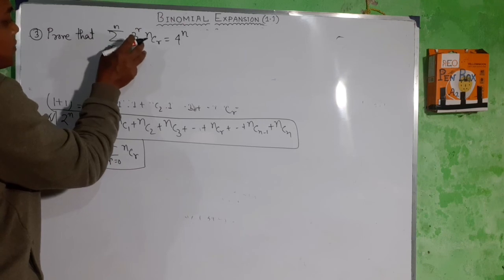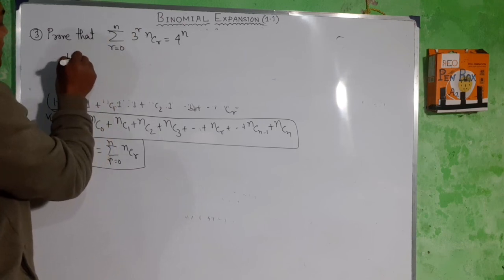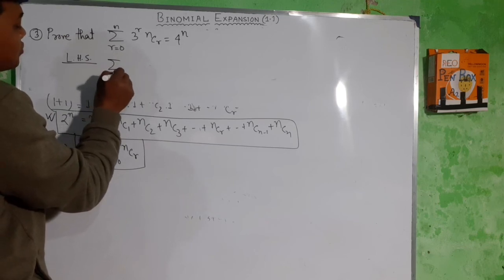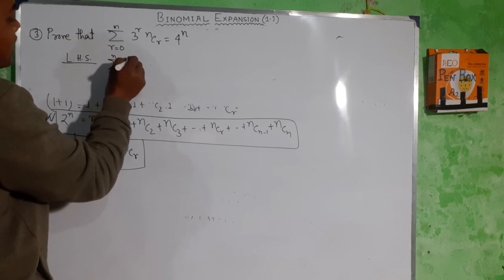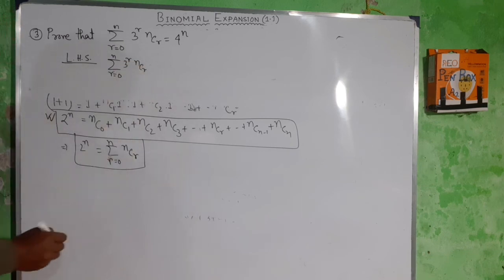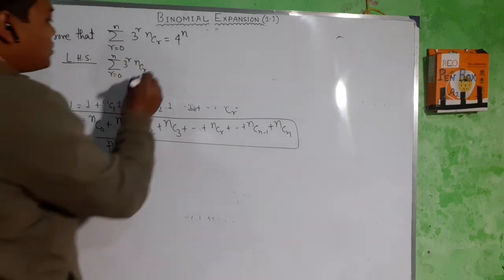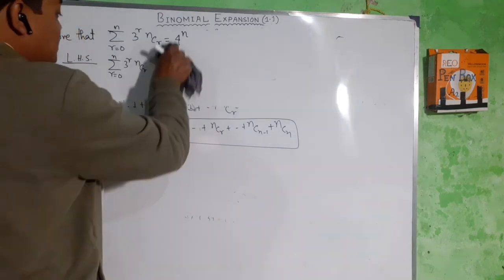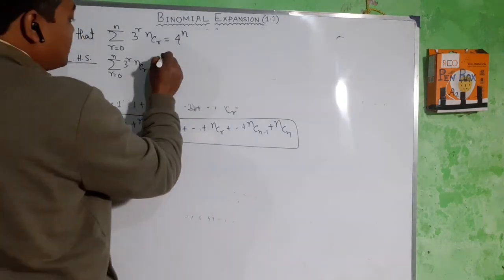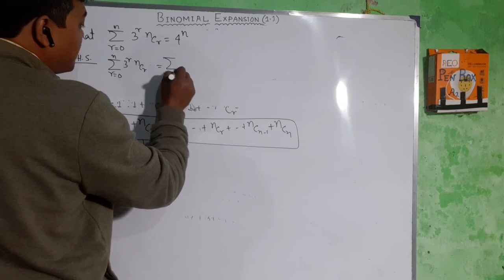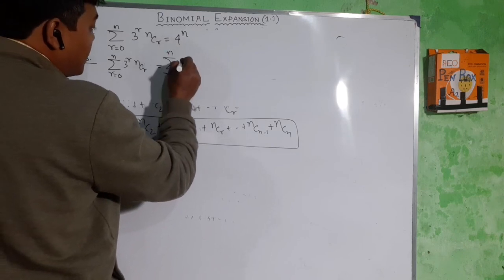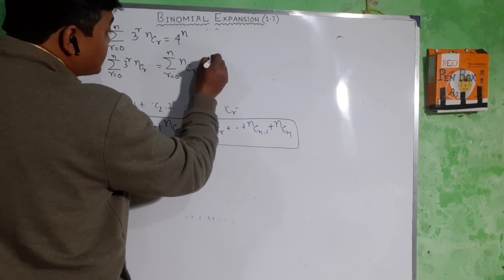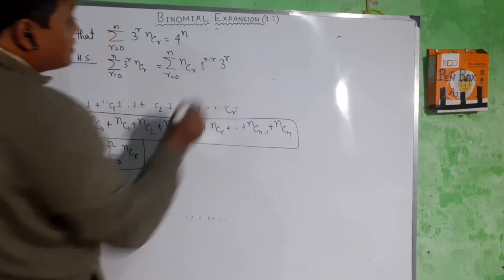So I take the left hand side, r equals 0 to n, 3 to the power r nCr, which we can write as the summation of nCr 1 to the power n minus r 3 to the power r.